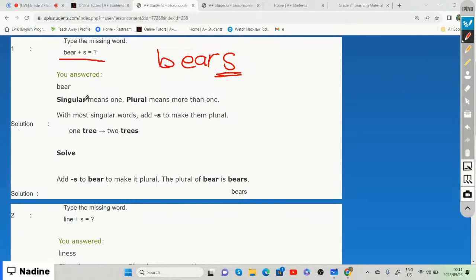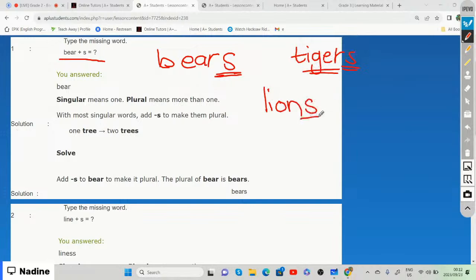Same as tigers. One tiger. As soon as we add an S to this word, it shows there's more than one tiger. Tigers. One lion. As soon as we add an S to the word lion, all right?